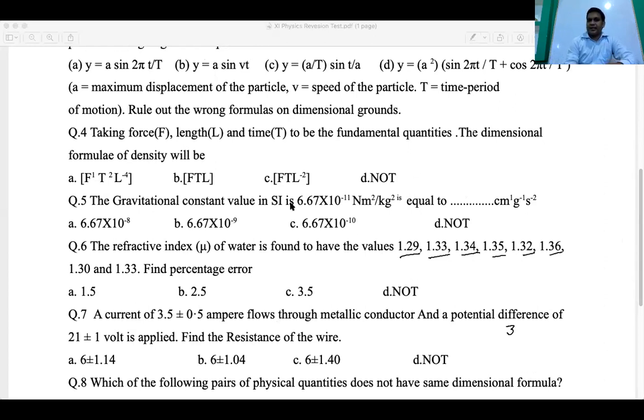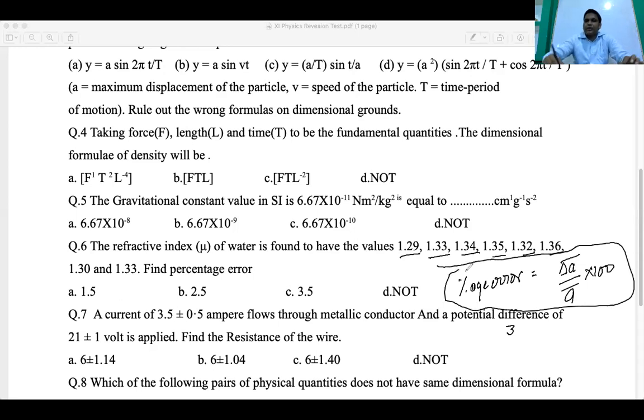The percentage error is delta A bar divided by A bar into 100. Have you solved it? 1.5. Yes, it is 1.5. It is correct.